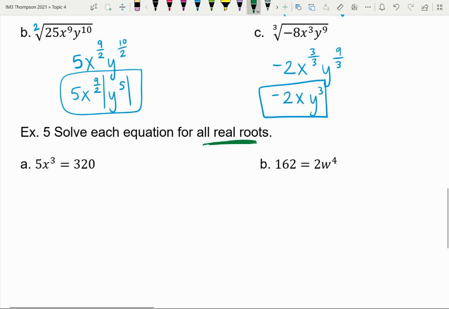The problem 5x cubed equals 320 has a total of 3 roots. But it's only going to have 1 real root. The problem of 162 equals 2w to the 4th is going to have 4 total roots. But only 2 of them are going to be real.